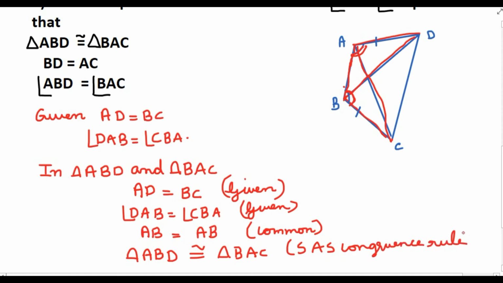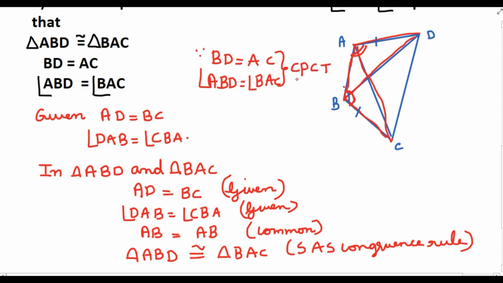Then these other two we can easily prove, because we can write BD equal to AC and angle ABD equal to angle BAC, because if those two triangles are congruent, then these will be equal by the corresponding parts of congruent triangles.